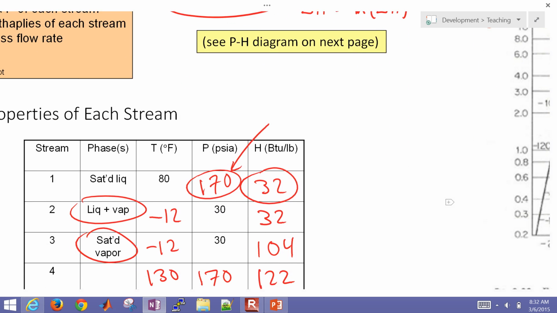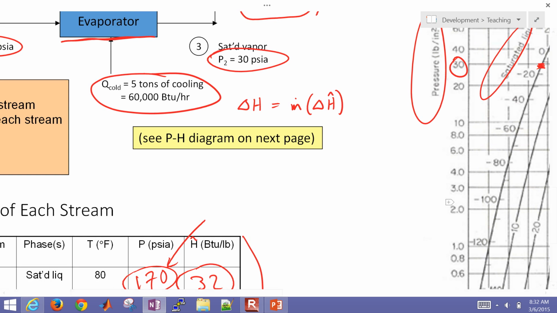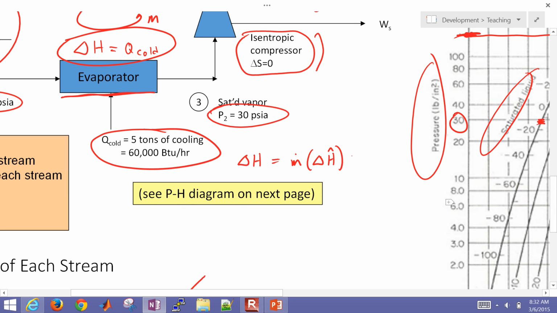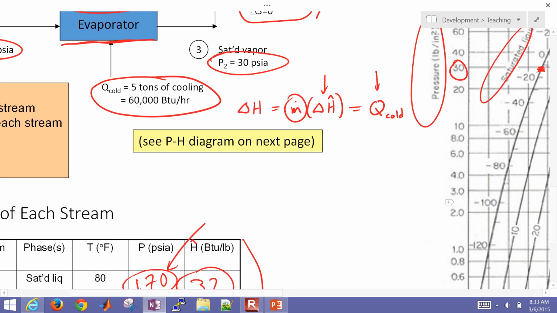Okay, and so we have those specific enthalpies right here. I'm going to put a little hat over that for specific enthalpy. Okay, and that we know has to be equal to Q cold. Okay, so we know this and we know that. The only thing that we don't know is the mass flow rate. Okay, so we can do that calculation.